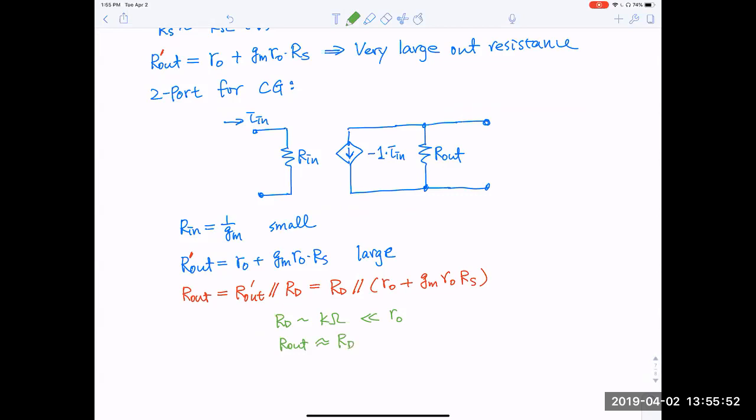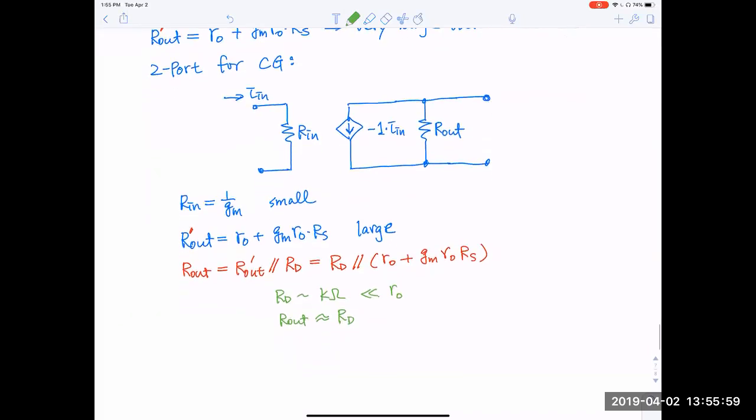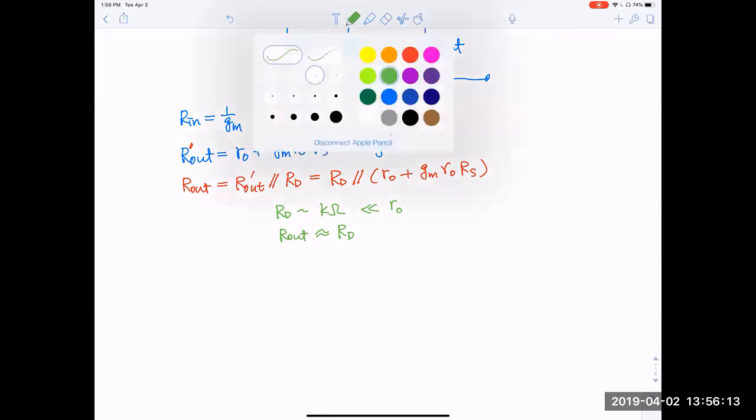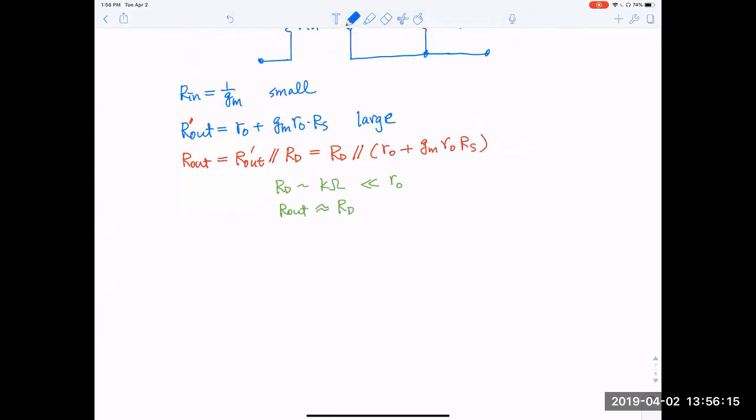Well, this drastically reduces the magnitude of the output resistance, which is not desirable. And it will be much more desirable to have RD not degrading the output resistance. So this is possible with alternative biasing schemes.